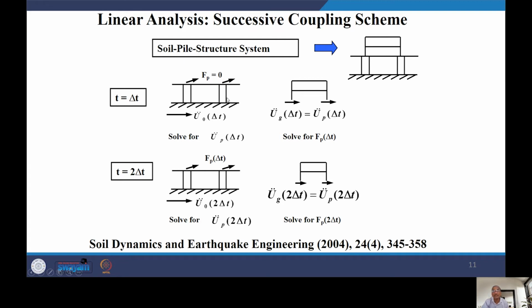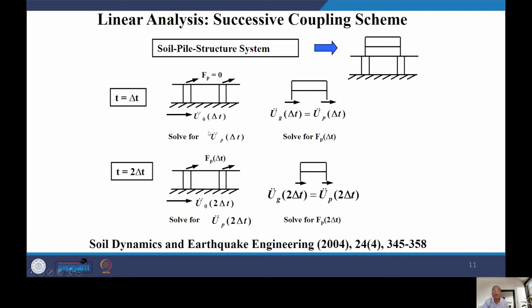In the first time step, it is assumed that there are no forces acting at the top of the piles. At the top of the piles, no inertial force is acting. So only the input motion is applied, and no inertial force is acting. Then this system is solved.